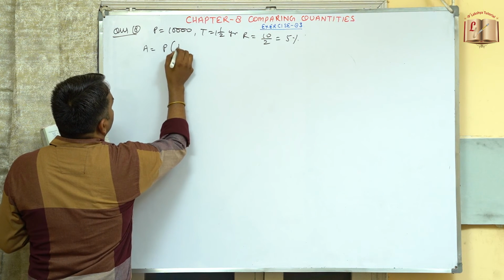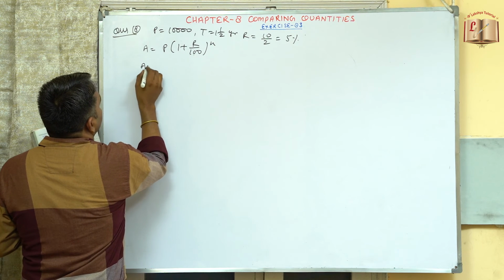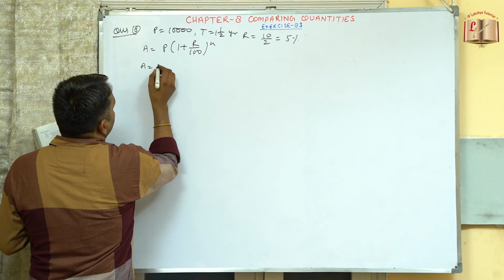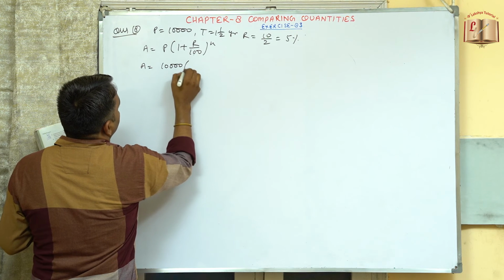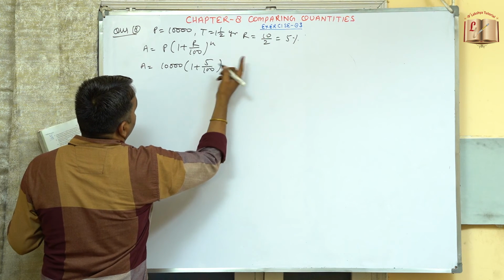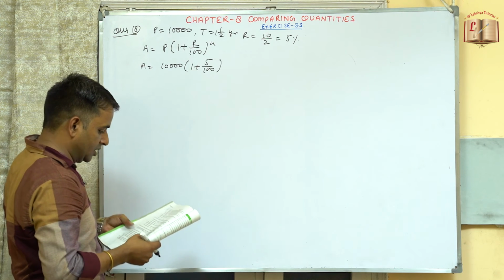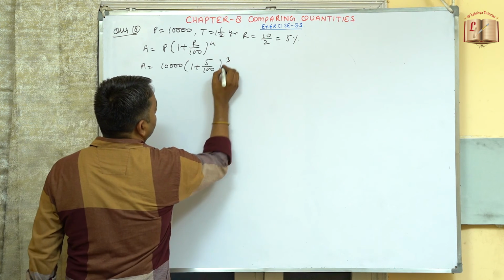For compounded half yearly, the rate will be half. So A equals P times (1 plus R by 100) to the power n. P is 10,000, R is 5, and since this is 1.5 years, n will be 3.